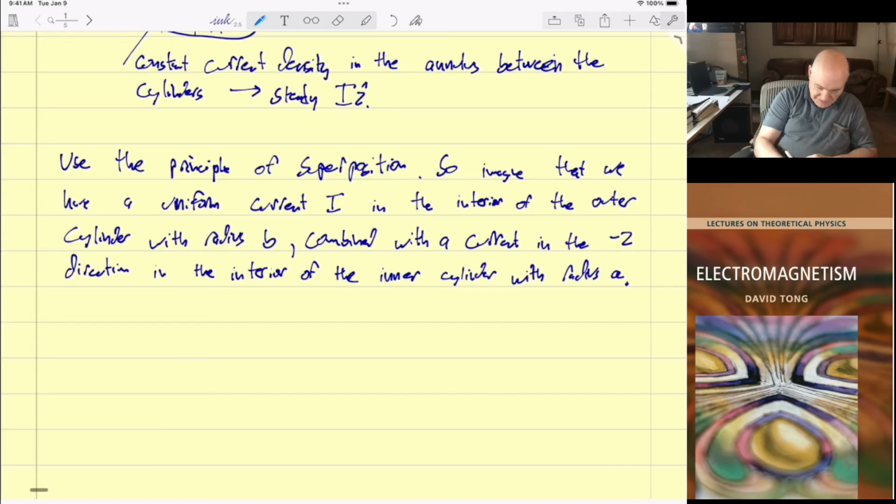separately. Now, from problem 2 on example sheet 2, I'll give a brief derivation in a second.